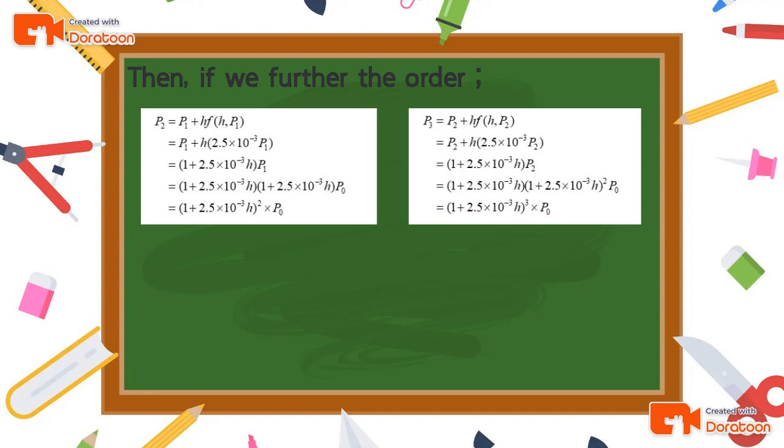Since we know that the value of P_2 = (1 + 2.5 × 10^-3 h)^2 times P_0, we can insert the value into this equation. Then after we simplify, we get P_3 = (1 + 2.5 × 10^-3 h)^3 times P_0.